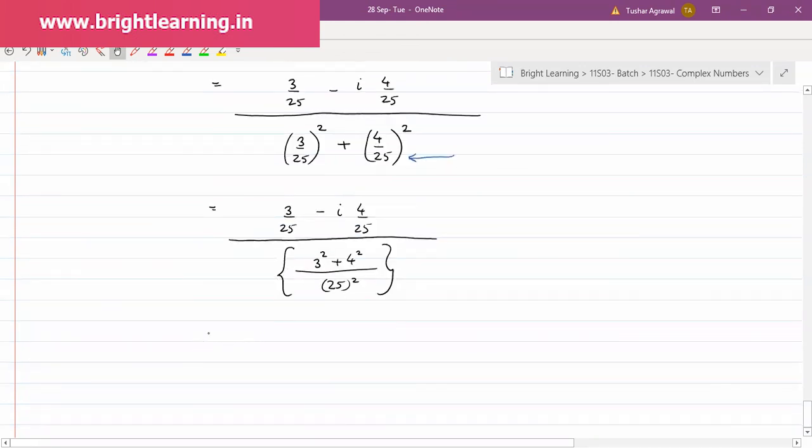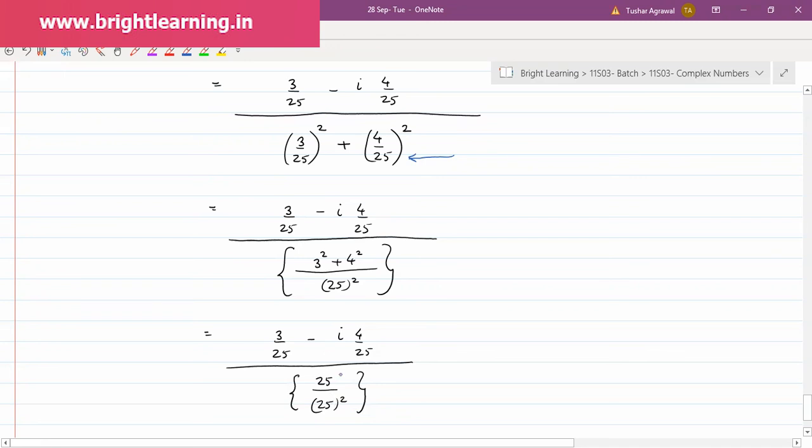Yes, sir. So the numerator 3 by 25 minus i times 4 by 25 is completely divided by 3 square plus 4 square, which is 5 square, so you can call it 25 only. And here the denominator is 25 square.